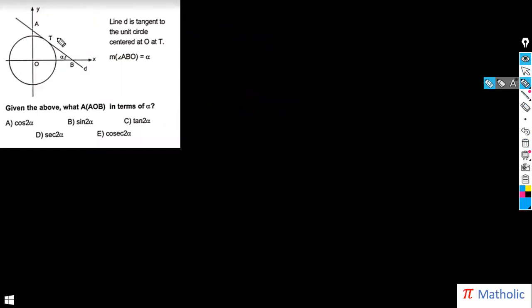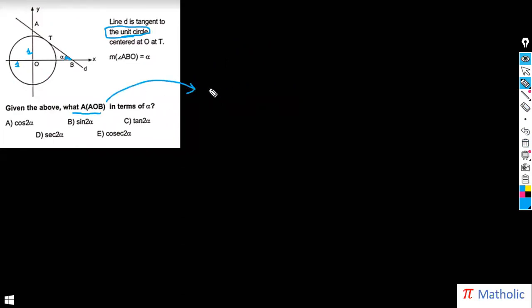Line D is tangent to the unit circle. Unit circle means radius is 1 unit. And centered at O at T. So given angle is A, if so, what is the area of triangle AOB?